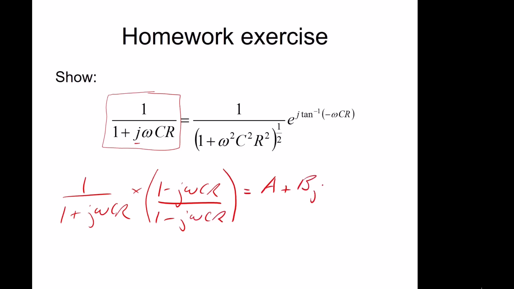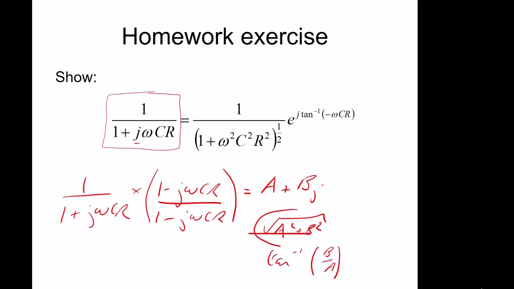And if we work out the amplitude and phase of that, the amplitude is given by a squared plus b squared square rooted, and the phase is given by tan to the minus 1 of b over a.